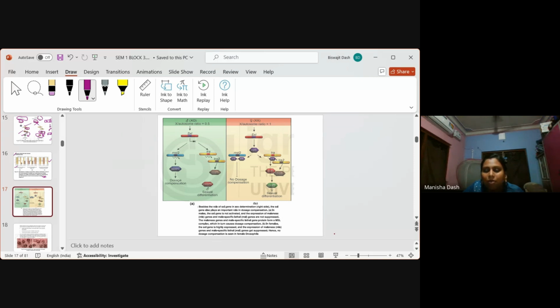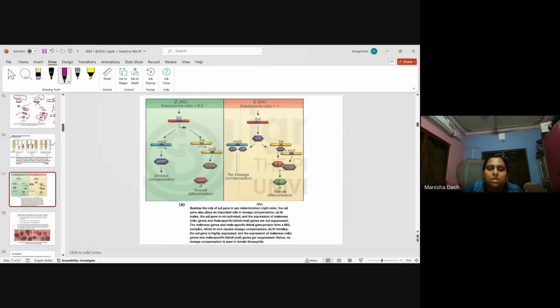This is the molecular mechanism of how dosage compensation is done in Drosophila. There is another protein called MSL2 that is responsible for the hyperactivation of the X chromosome in male Drosophila.